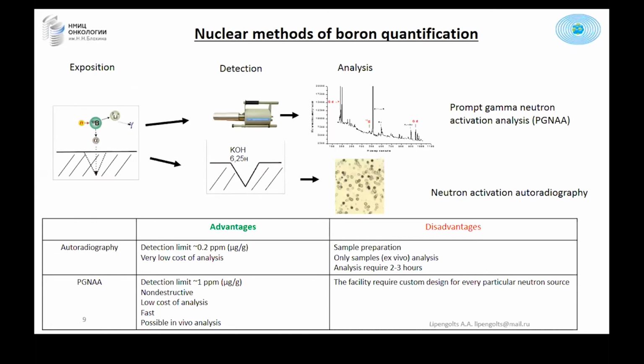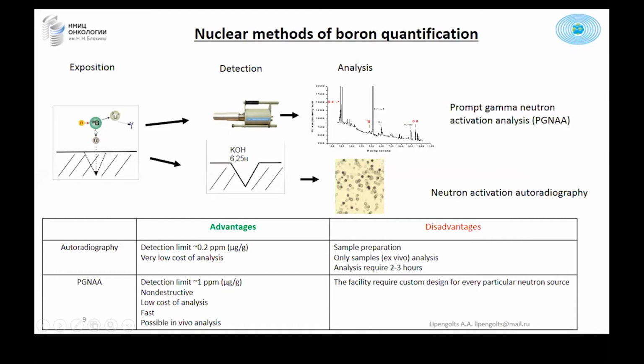They were historically the first ones applied for boron quantification in BNCT, and it's quite understandable, because the first researchers dealing with boron quantification in BNCT had a neutron beam as a compulsory component of BNCT, and it was easier for them to perform analysis with nuclear methods with neutron activation application.